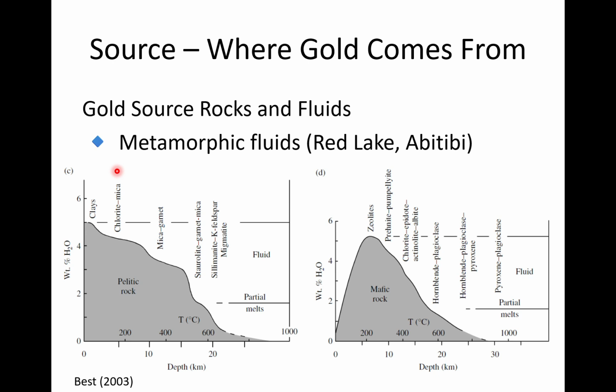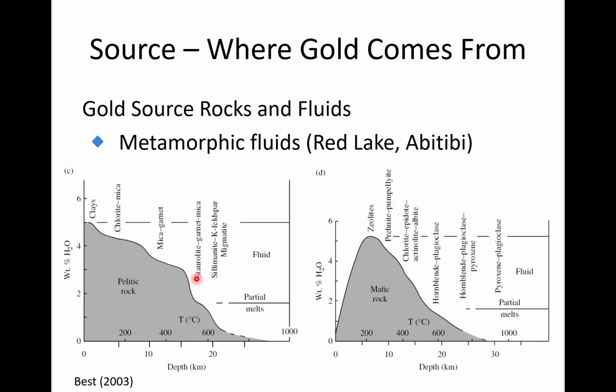Okay, this is a generalized fluid release curve for a shale here in the left panel along a 30 degrees C per kilometer geotherm. Water release is continuous with increasing pressure and temperature because of the complex crystalline solid solutions constituting pelitic rocks that progressively break down by continuous reactions.